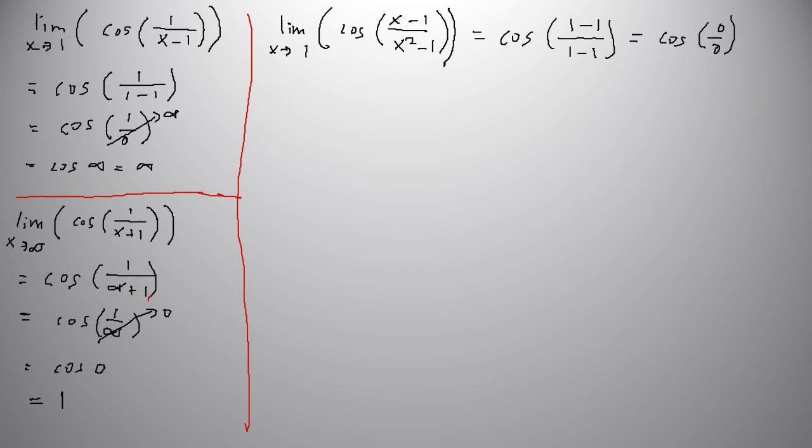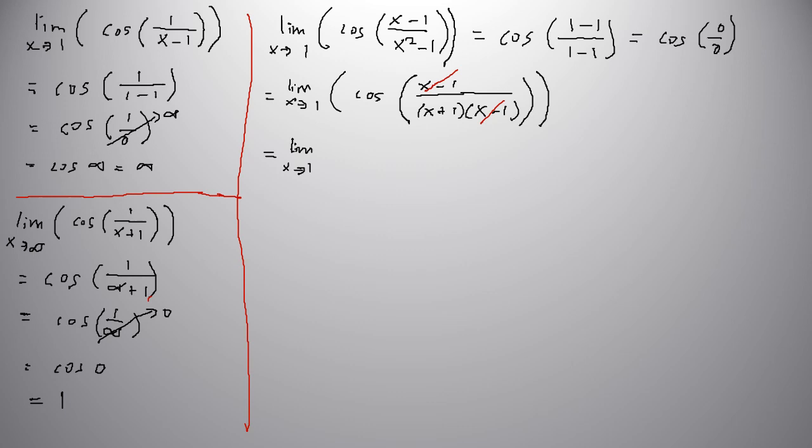So for this question, we can factorize the quadratic expression to solve the limit. For this limit, our function is cos x minus 1, and then we factorize x squared minus 1. We will get x plus 1, x minus 1. Then we can simplify. We can cancel x minus 1 and x minus 1.